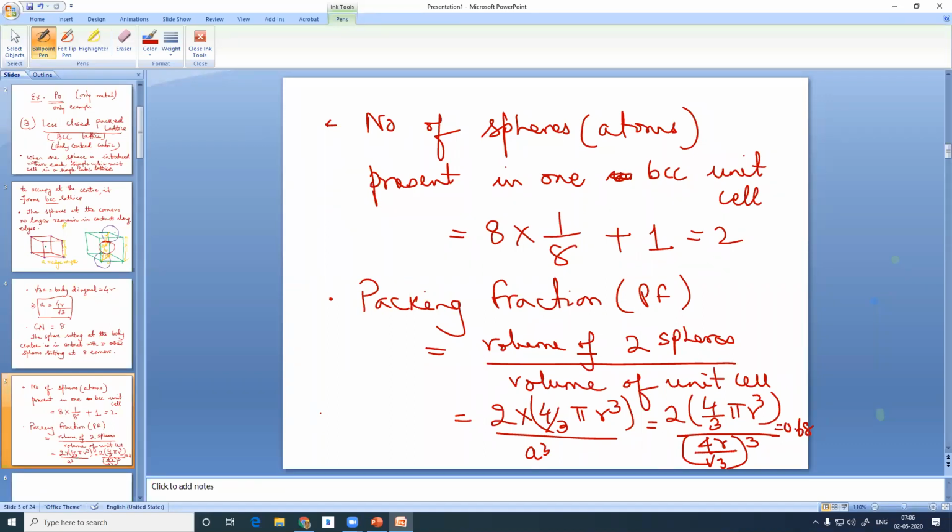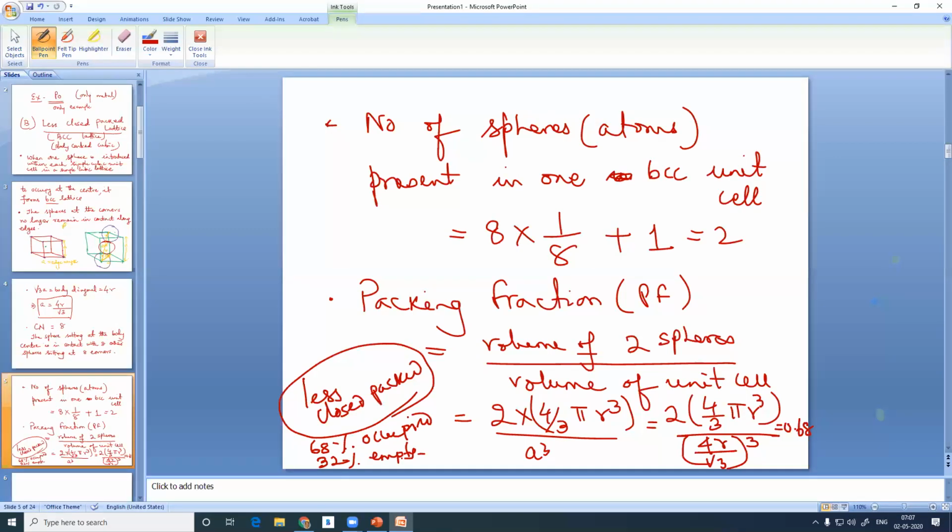So that's the reason why it is called less close packed, because now we shall learn that in close packed it is still greater. So it is less close packed, and 68% space is occupied, remaining 32% empty. Remaining 32% of the BCC lattice is empty.